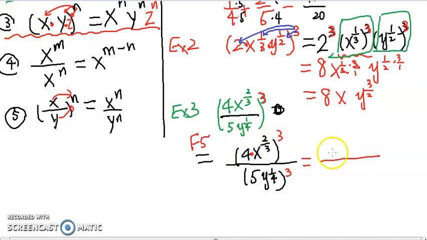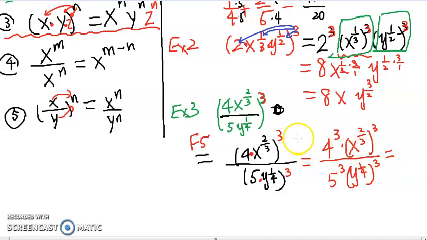So that's the third formula again. So we raise 4 to the third, and then we raise x to 2/3 and to the third. And similarly, in the denominator, we also have 5 times y, that's multiplication in the base. So we raise 5 to the third, and we raise y to the 1/4 to the third.